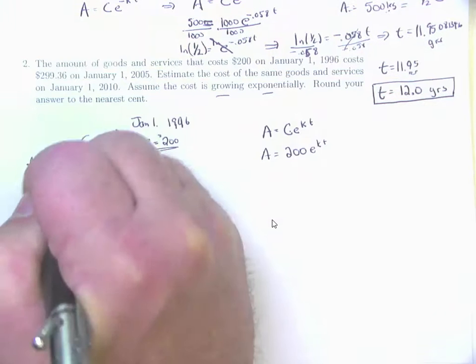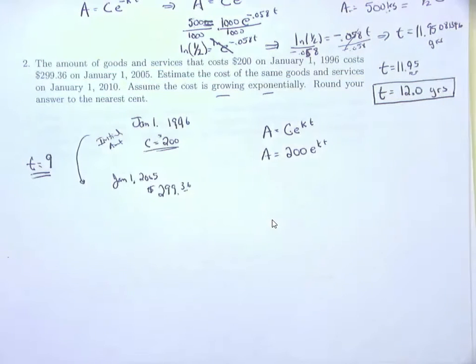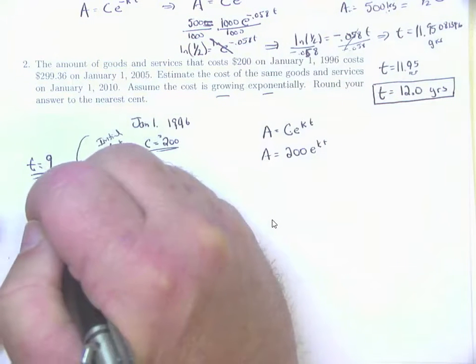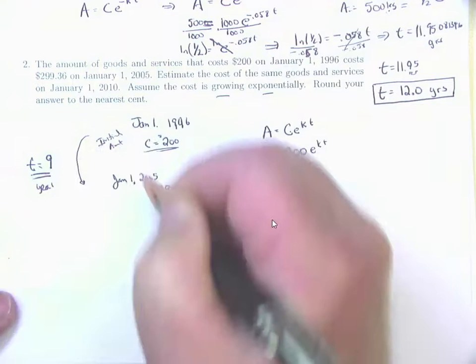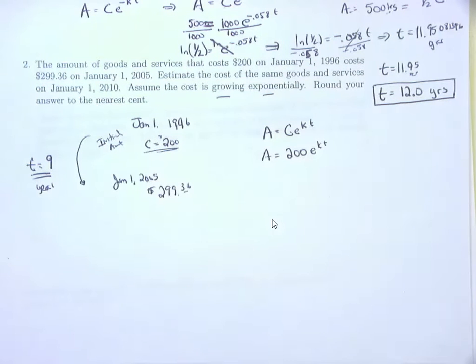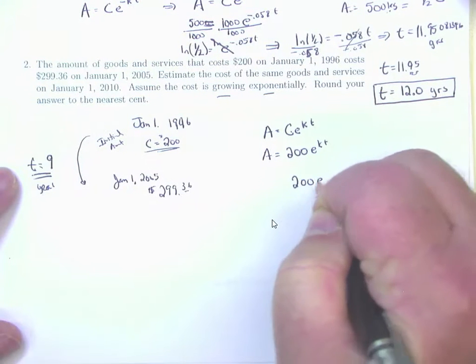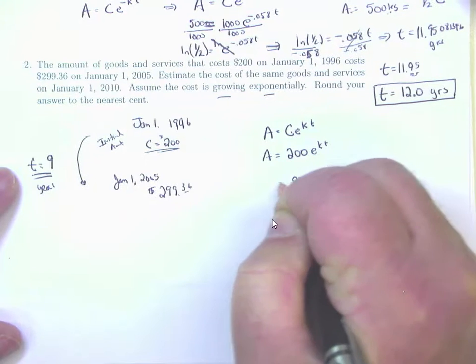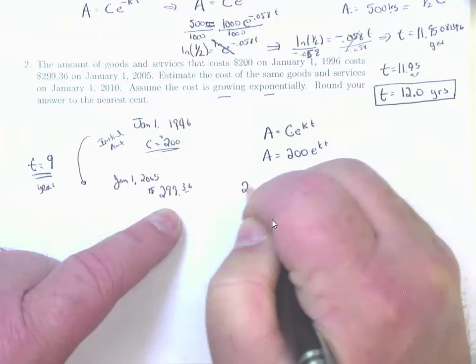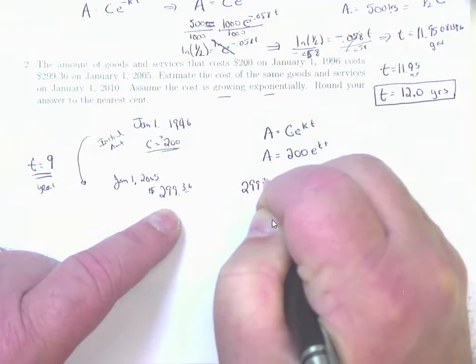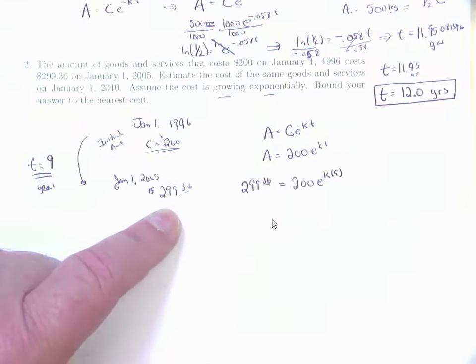T equals 9. Does that make sense? So in 9 years, this is going to be my time. So 200 e to the k times 9 is equal to $299.36. Does that make sense?